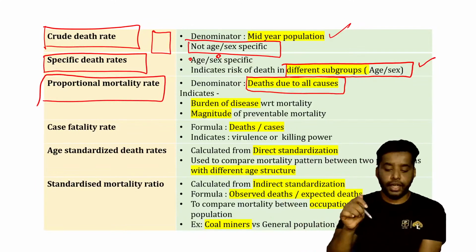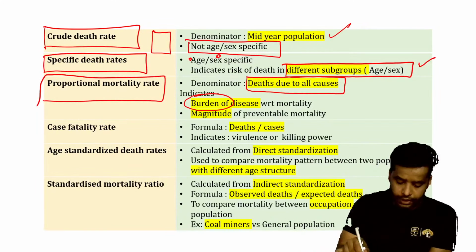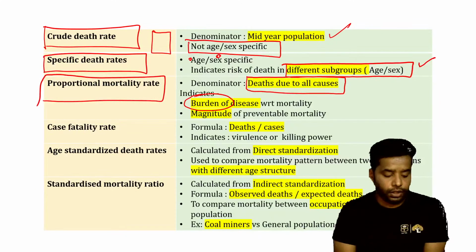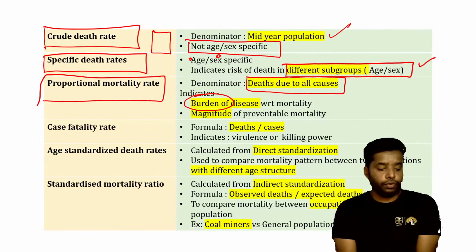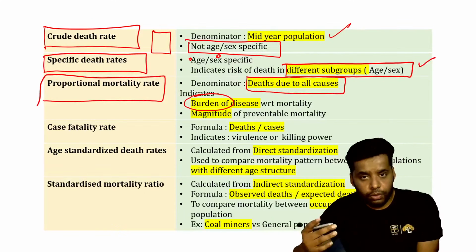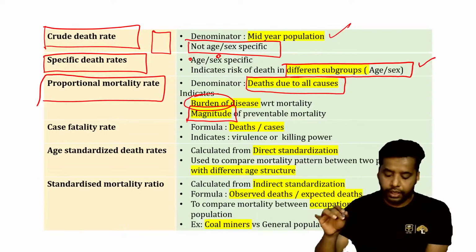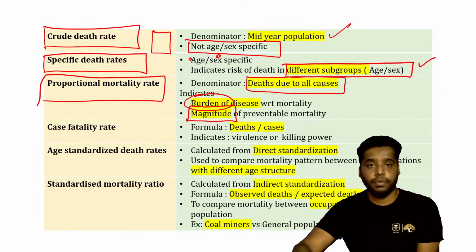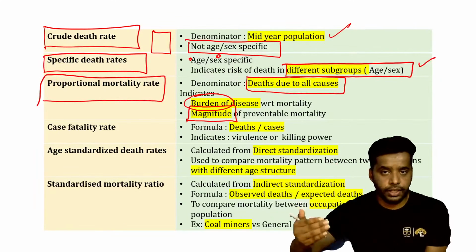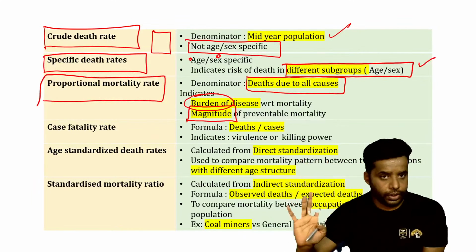So that will indicate the burden of that disease with respect to mortality. At the same time, it will tell the magnitude of that disease. Magnitude means contribution of that disease to the total amount of deaths.